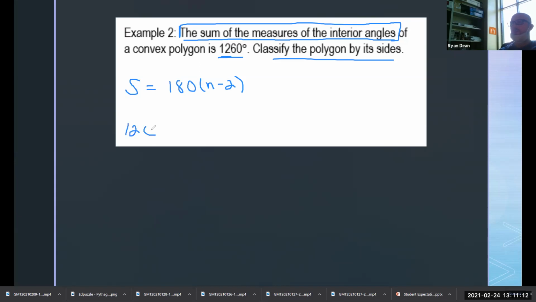So I put that on the left-hand side, and I set that equal to 180 times n minus 2. My goal is to find what kind of polygon this is and classify it by the number of sides. Remember what n is. n is the number of sides. So our goal is to get n by itself.